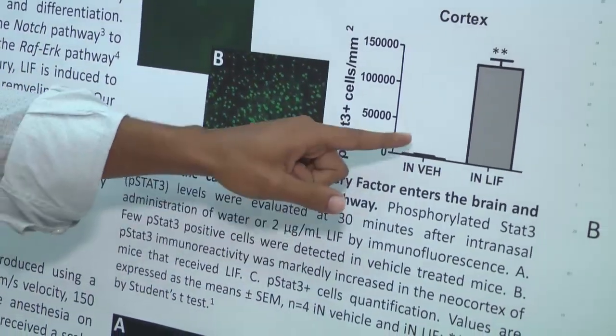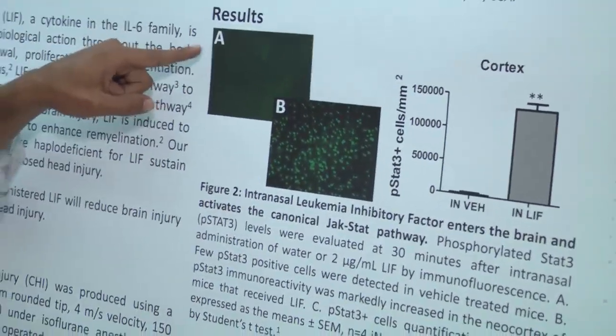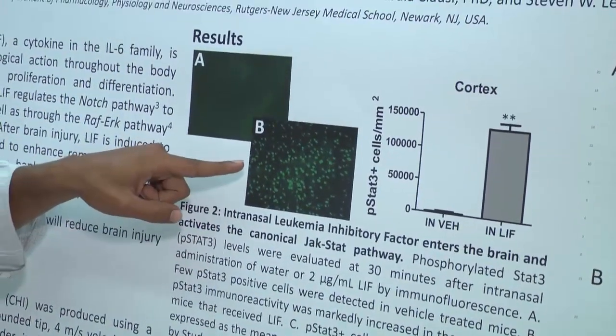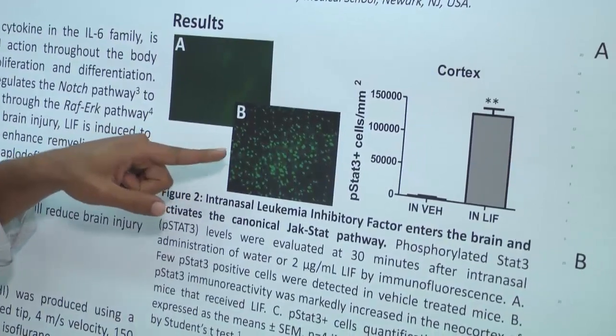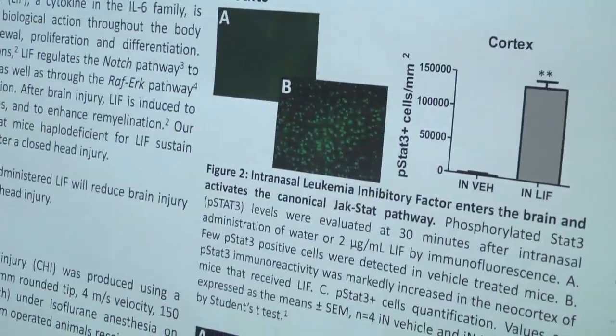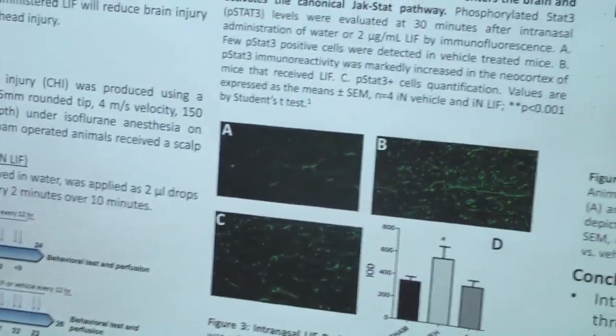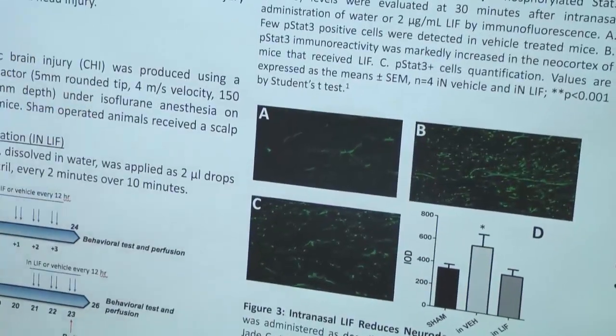We show statistical significance: this is the vehicle where LIF was not administered. This is the experimental where LIF was administered, and you can see that there's an upregulation in p-STAT3. So LIF does in fact activate the JAK-STAT pathway in the cortex of the brain after being given intranasally.